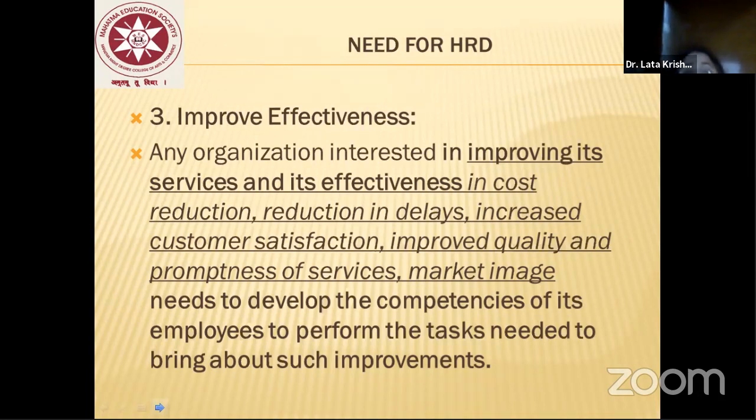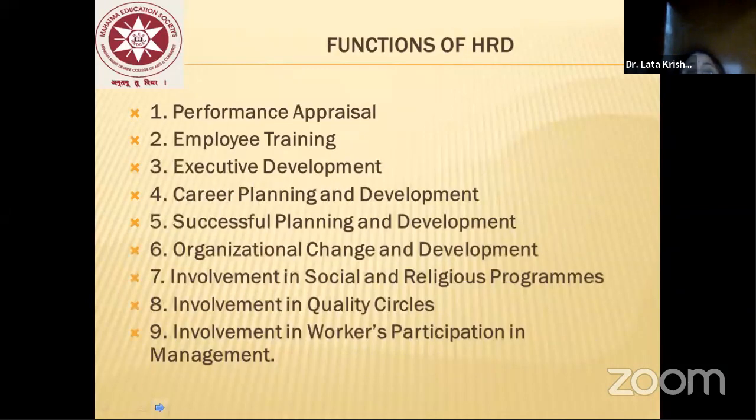And therefore, human resource development has to take place on a continuous basis to train employees in the business organization to remain effective and improve the services that they are providing. It needs to develop the competencies of its employees to perform the tasks needed to bring about such improvements. So this is one of the needs.